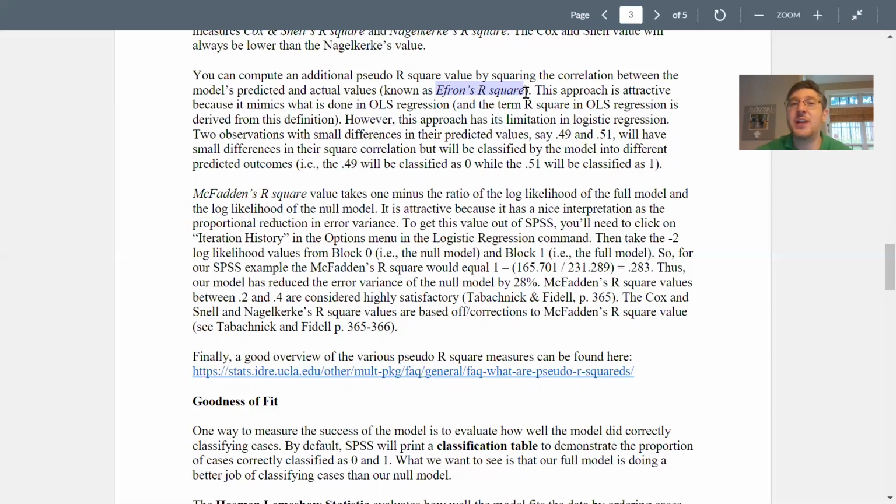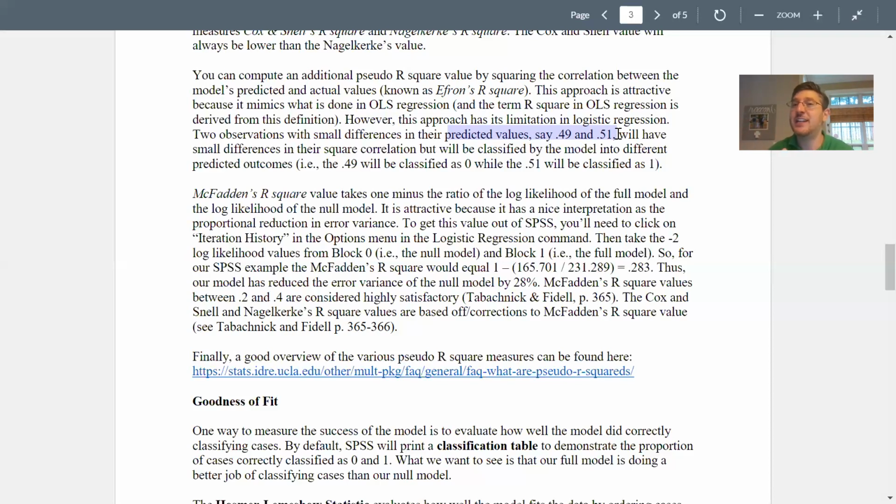but it does have some limitations in logistic regression. One thing would be, if the predicted values were 0.49 and 0.51, there's a small difference in what their predicted probability would be for each group membership, but the model would classify them into 2 separate groups. Usually our cutoff for classification is 0.5. Anything higher than 0.5 is classified as a success, or classified as 1.